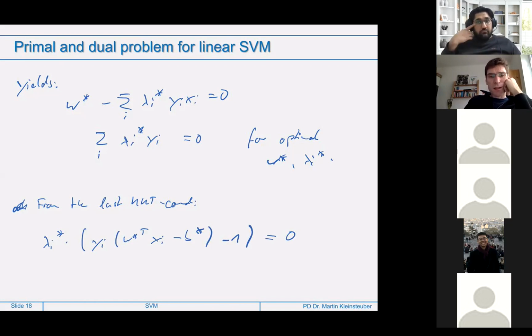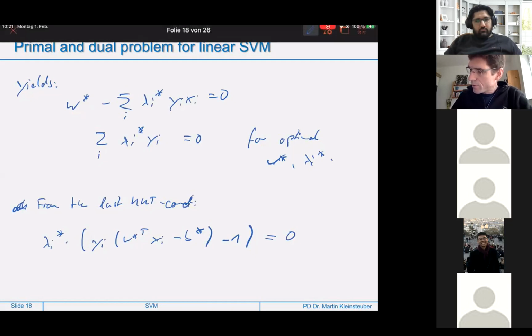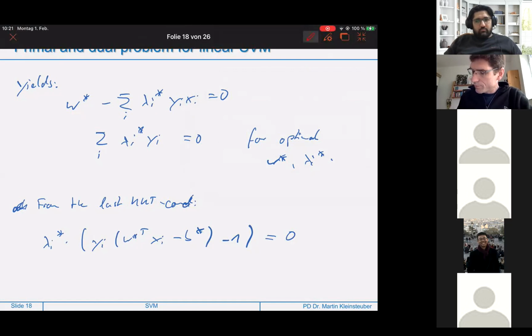If you look at these equations, you see that the optimal W star here, first equation, okay, so the last equation that we have here means that we have our I constraints, right?